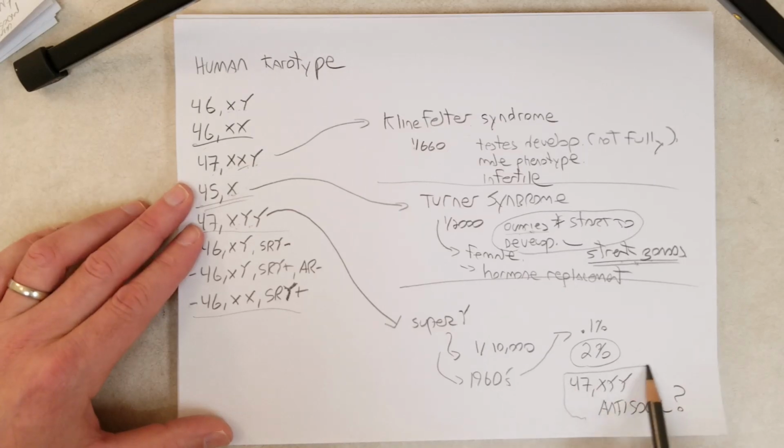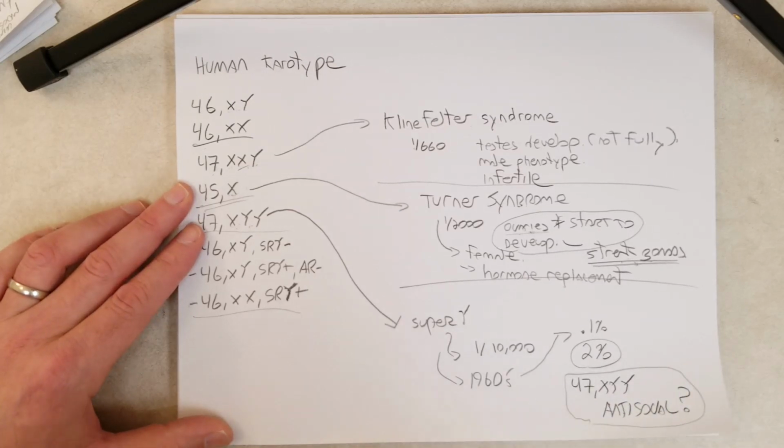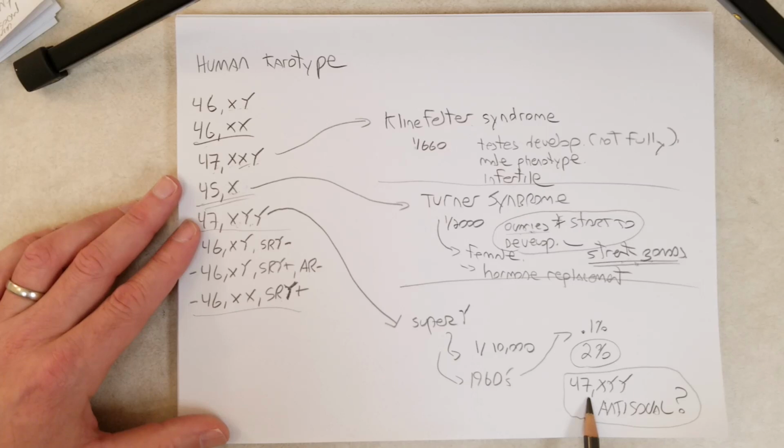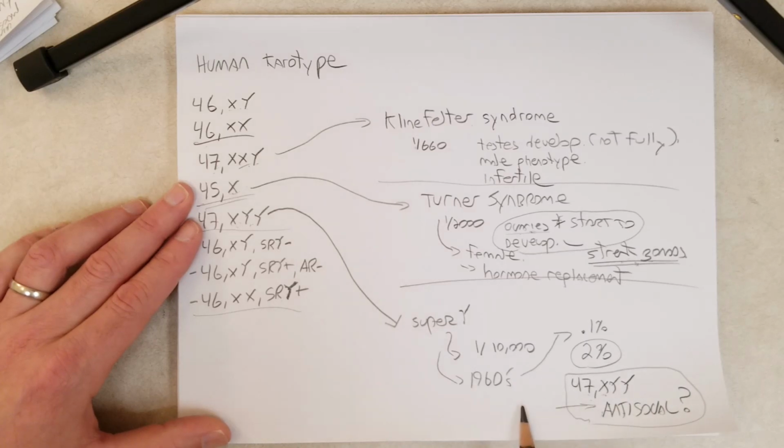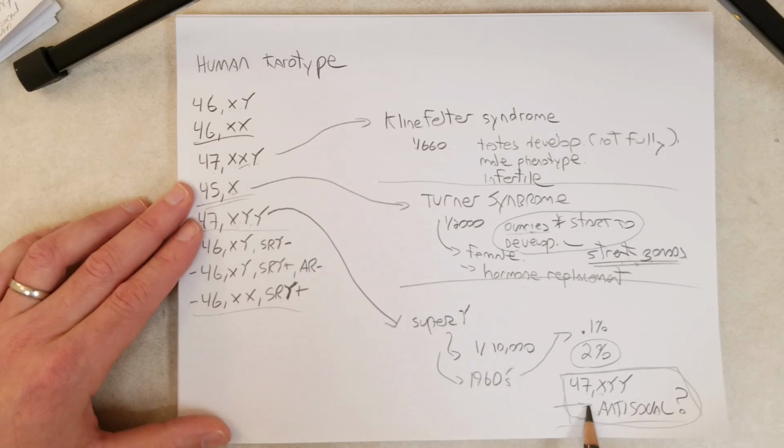So in the 1980s, there was a large grant from the US government to follow 20 infants that were born with this karyotype, and compare them to infants without this karyotype and see, is it true, are they prone to antisocial behavior? And that study was ended once the public found out about it, rightly so, right?